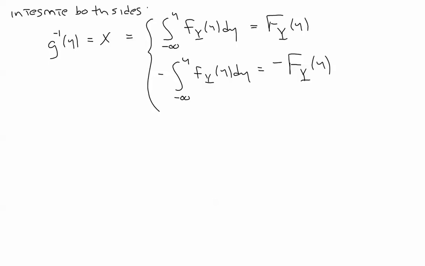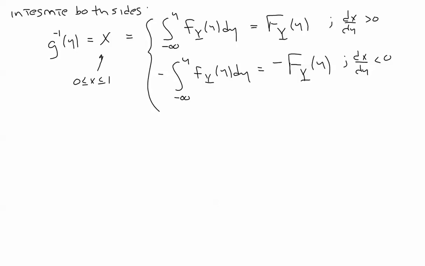And of course, this is true for dx/dy positive, and this is true for dx/dy negative. All right? And always we remember that x lies on the range 0 to 1.